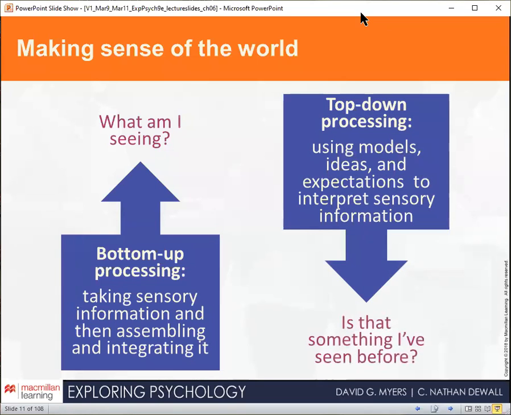Top-down processing, using models and ideas and expectations to interpret sensory information. Is this something I've seen before? So with bottom-up, you're taking the basic elements of whatever you are seeing to try to build up the picture of what you're seeing. With top-down, you're trying to say, is this something I've seen before based on models, ideas, or expectations? So let's go over to see some examples of this top-down and bottom-up.